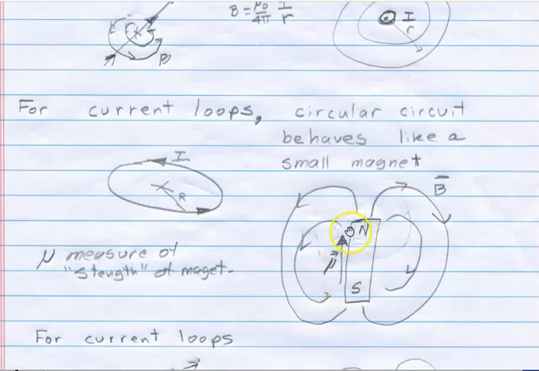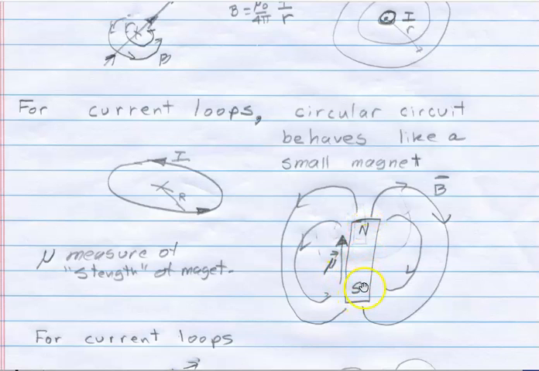It's a vector quantity because the field around it depends on the orientation, and so to characterize that magnet completely, I have to give not only its strength but also how it's oriented to calculate the magnetic field. And this mu vector here has nothing to do with reduced mass or anything like that, but is a purely electromagnetic phenomenon called the magnetic dipole moment, or oftentimes just the magnetic moment.